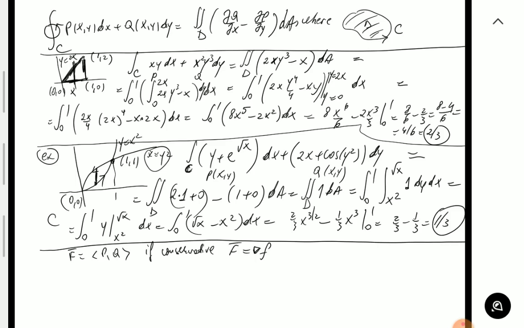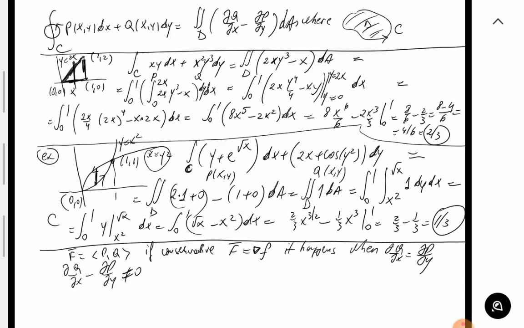That means it can be given as a gradient of a scalar function. When it is conservative, it happens when dQ/dx is equal to dP/dy, or dP/dy equals dQ/dx. Or in other words, it happens when dQ/dx minus dP/dy is equal to 0 at all points, at least.